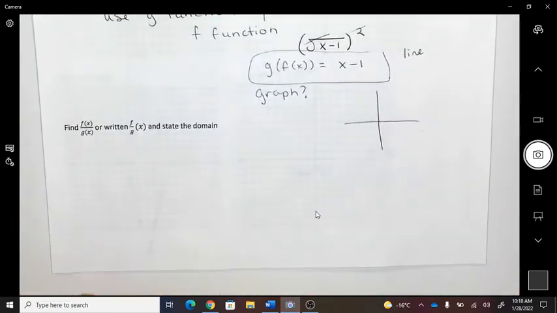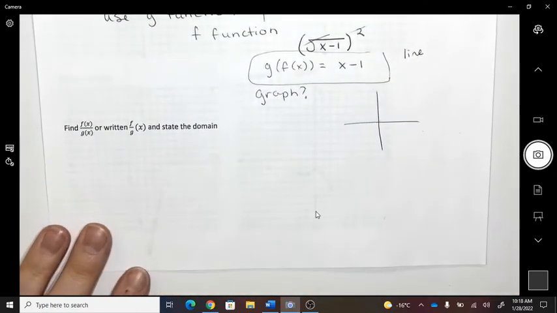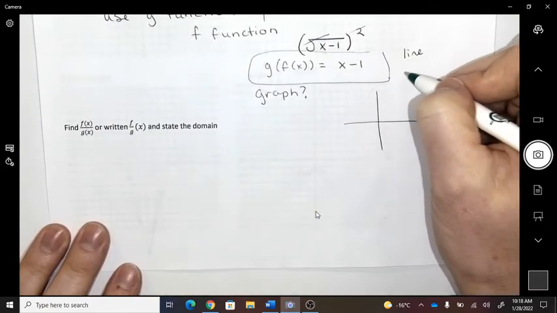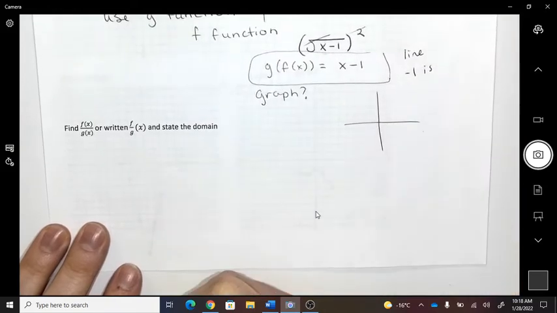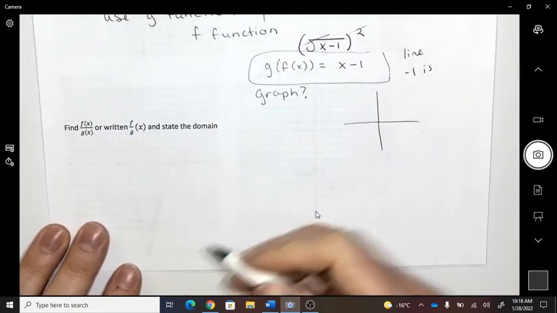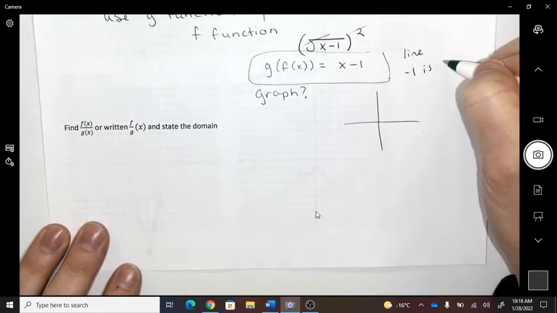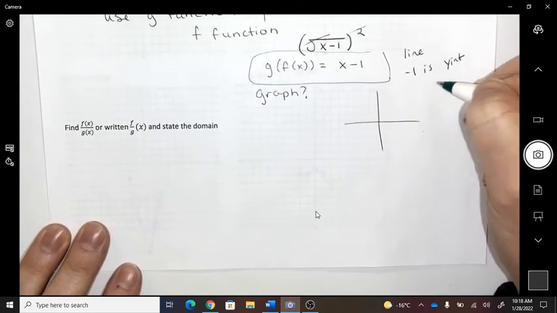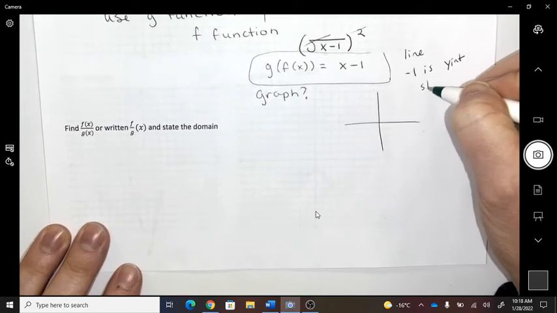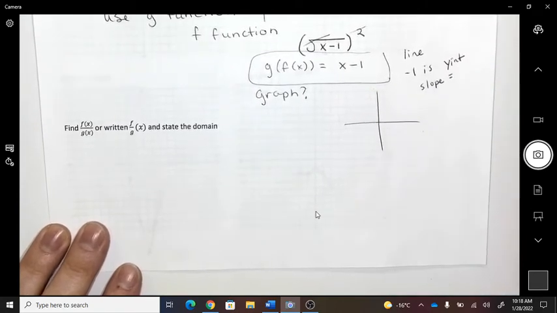What do you know? 2 things about that line that you would know. -1 is what? What would -1 be on that graph? Y-intercept. And when you graph lines, you talk about slopes. What is the slope of that? One, because 1x.